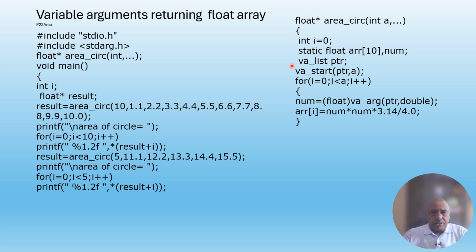Then we have declared the ptr of type va_list. Then this ptr is assigned the address of the first variable or optional argument appearing in the call.